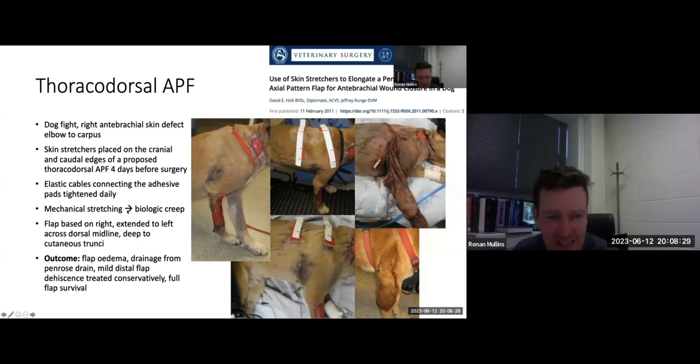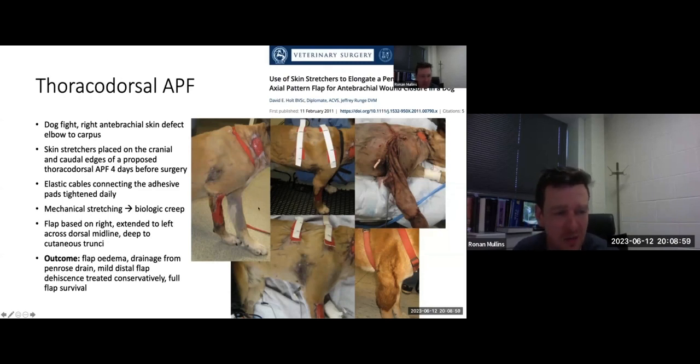This was basically taking advantage of what's known as mechanical stretching of the skin, or biological creep. Then the flap was based on this right side, as you can see in this image, but they extended all the way across midline to the contralateral, I think, scapulohumeral joint, and they had 100% flap survival. So that's a nice report, and it extends all the way down to the carpus in this case.